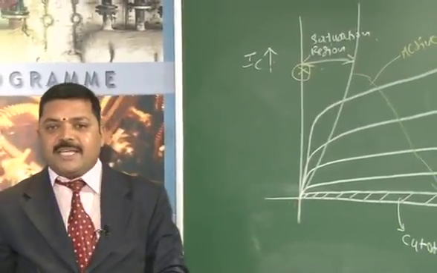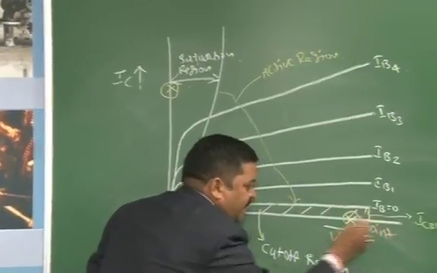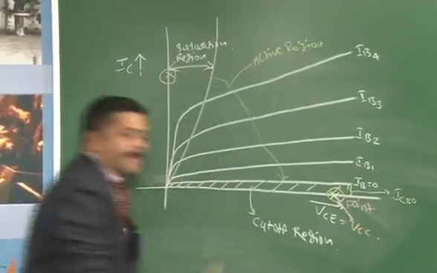So, when we put IC equal to 0 in equation 1, we get point A, which is VCE equal to VCC. Let us consider this as point A. So, VCE is equal to VCC at this point.